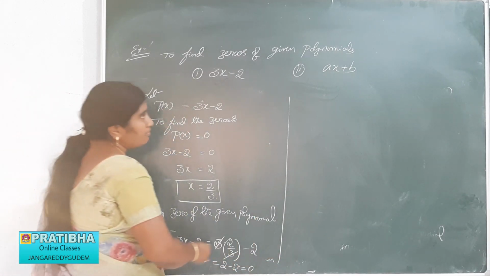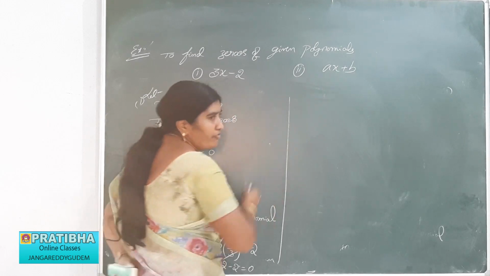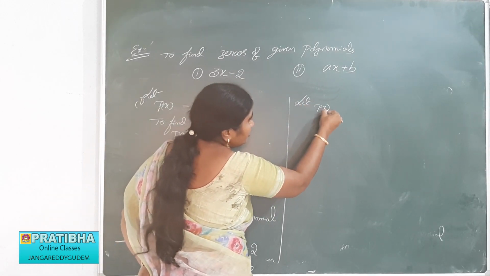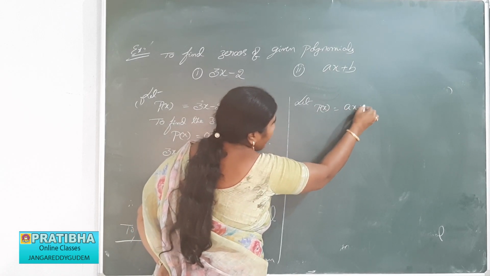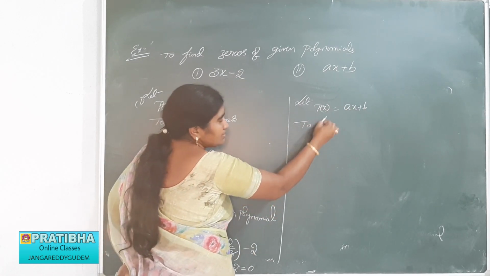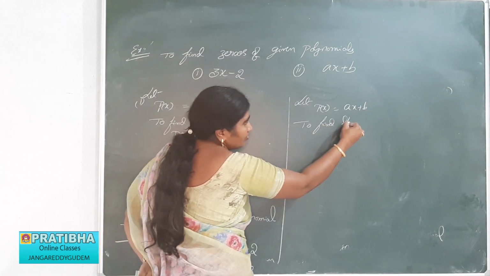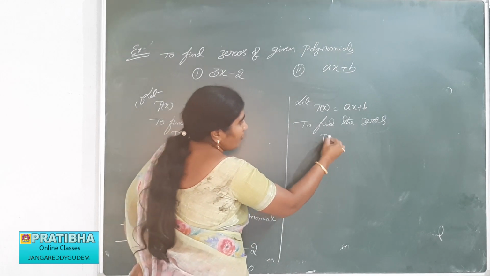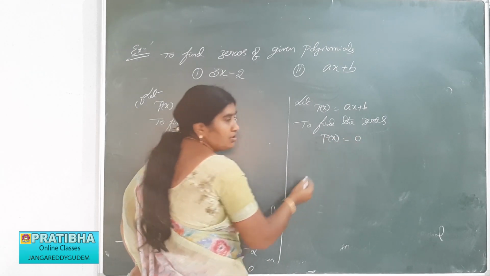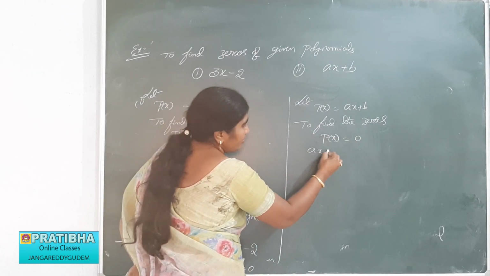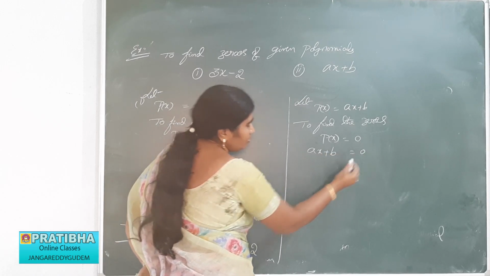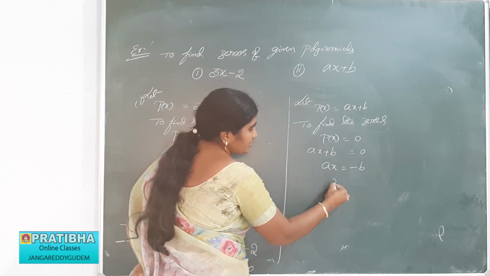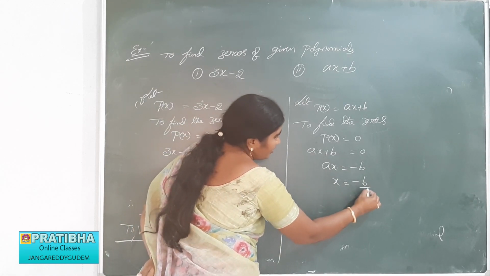Next, find the zero of the polynomial ax plus b. Let p of x equal to ax plus b. To find the zeros, p of x equal to 0, then ax plus b equal to 0, ax equal to minus b, then x equal to minus b by a.